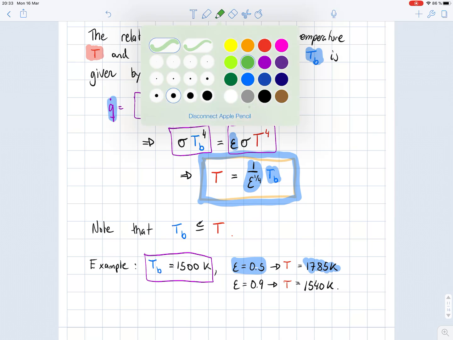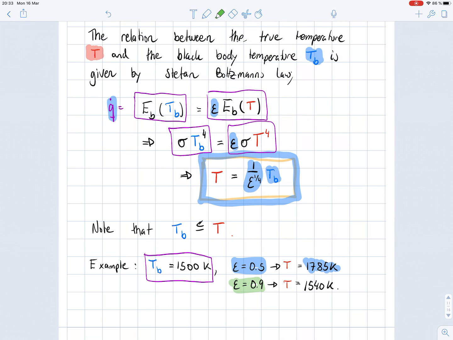If epsilon, on the other hand, is 0.9, then the error is just 40 Kelvin, which is not that bad. As we see, the error becomes smaller and smaller the higher the value for epsilon, that is, the closer you get to a black body. Because if your surface is a true black body, then epsilon, of course, is equal to 1, and both these two equations become equal to one another.